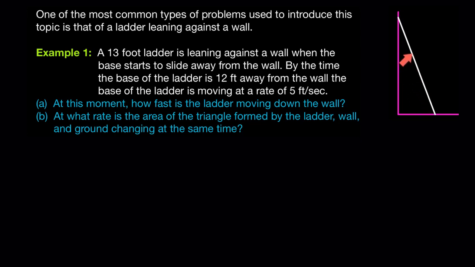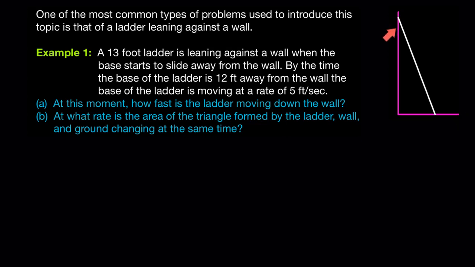The ladder is leaning against the wall, and it is going to start to slide away from the wall. As the ladder slides away from the wall, the top of the ladder is also going to slide down the wall. The ladder is going to slide away from the wall at a constant rate.